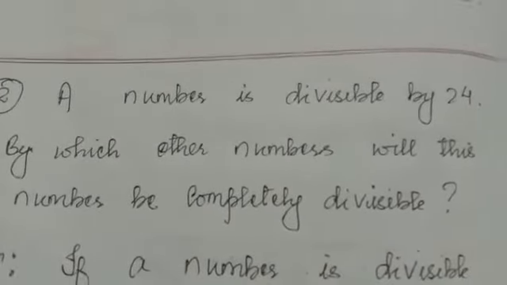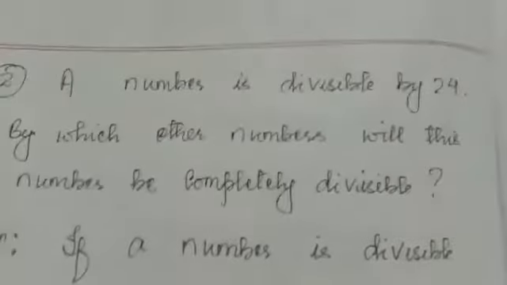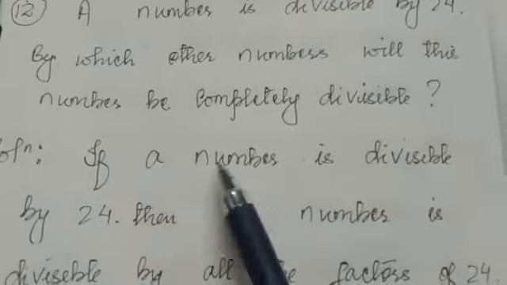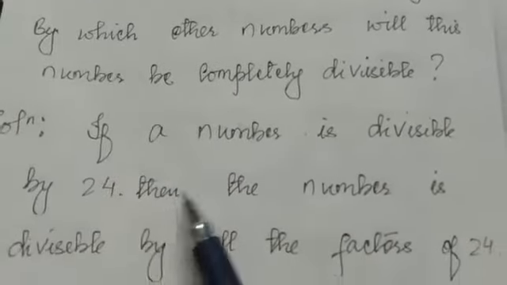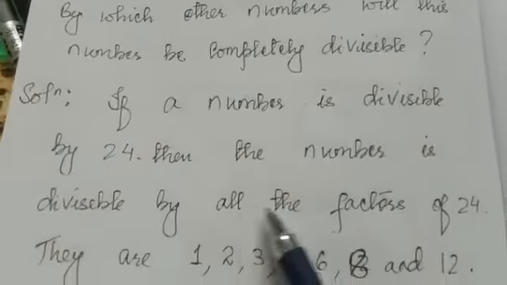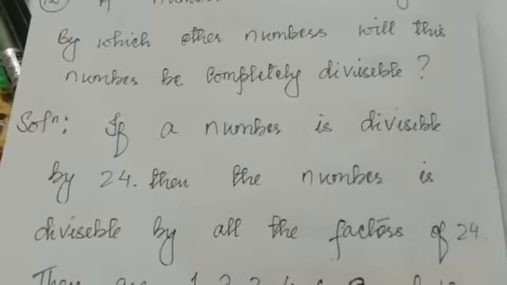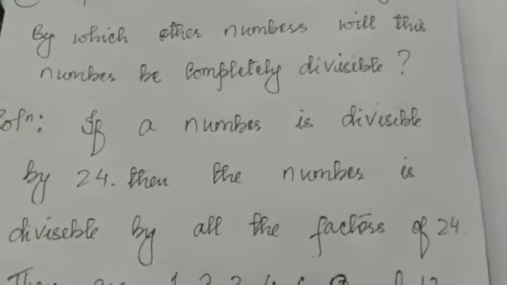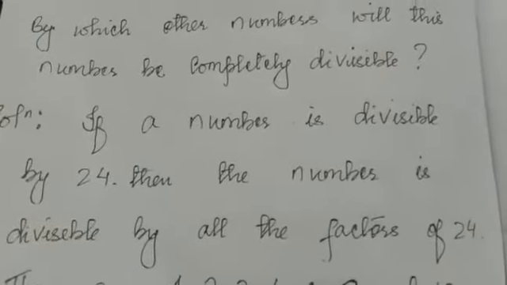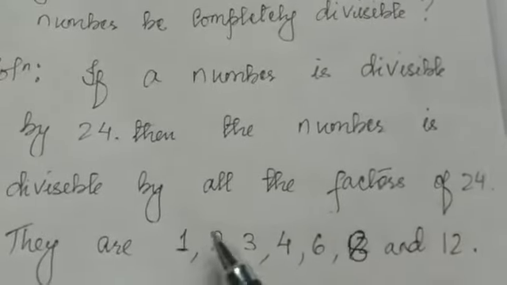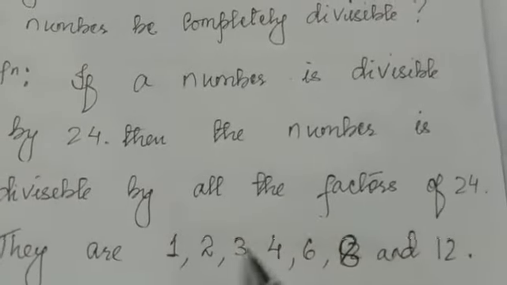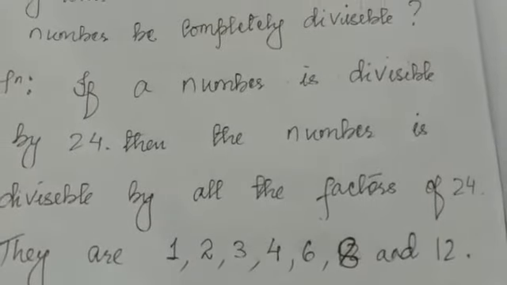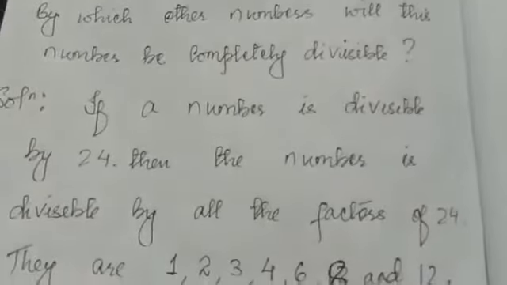If a number is divisible by 24, then it is divisible by all the factors of 24. So the answer will be the factors of 24: 1, 2, 3, 4, 6, 8 and 12. These are the numbers which can divide that number completely.